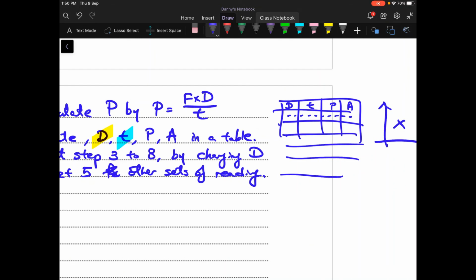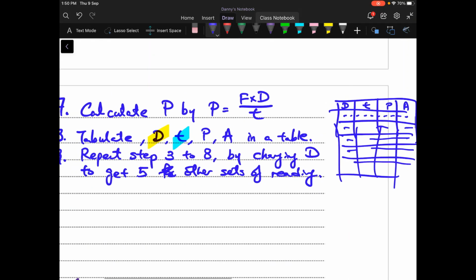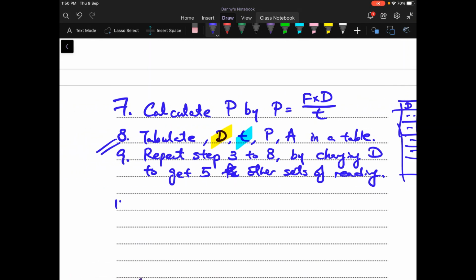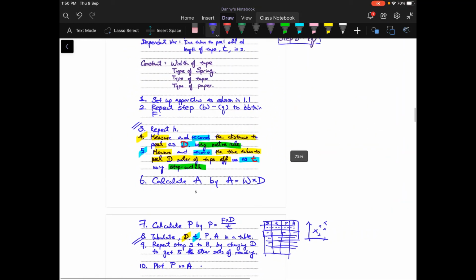So that I can have more reading. So with more reading, I will be able to form a line, right? So after I form a line, then of course I will need to plot P versus A, and followed by this will be my step 11.